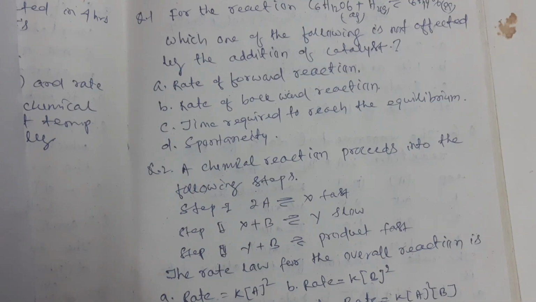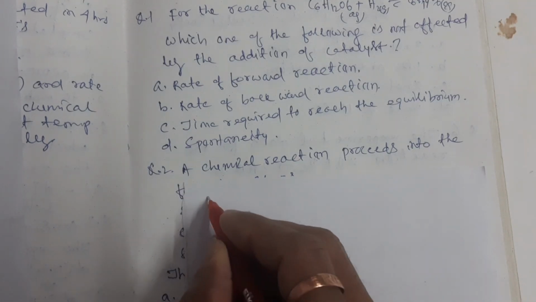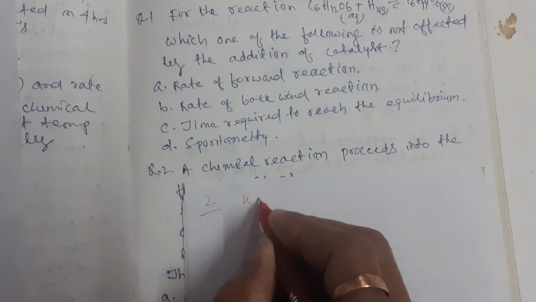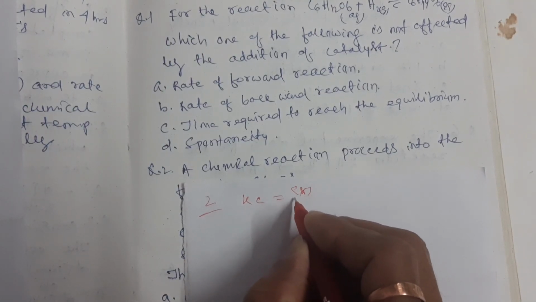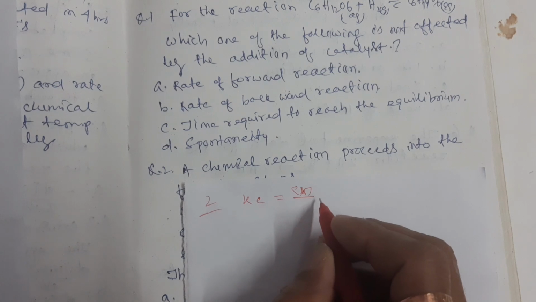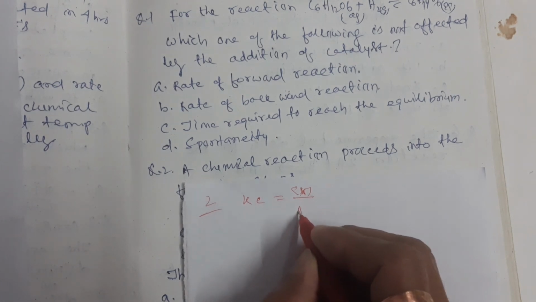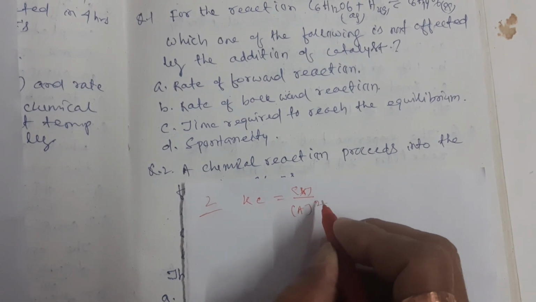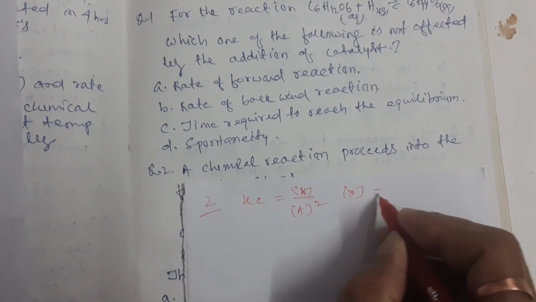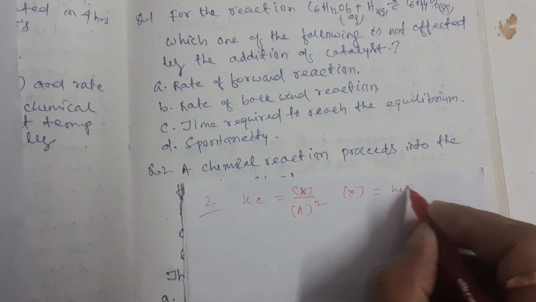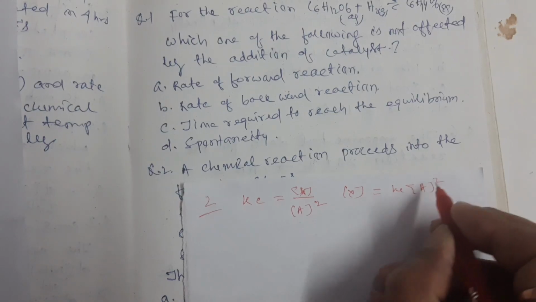Question number 2. Kc is equal to X concentration by A concentration squared. Therefore X concentration is equal to Kc multiplied by A square.